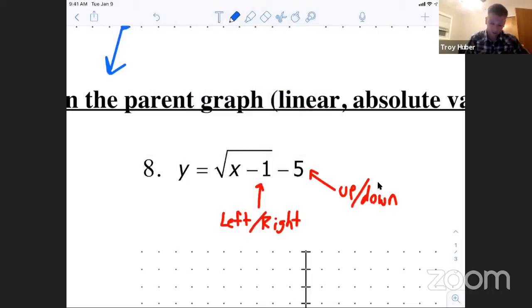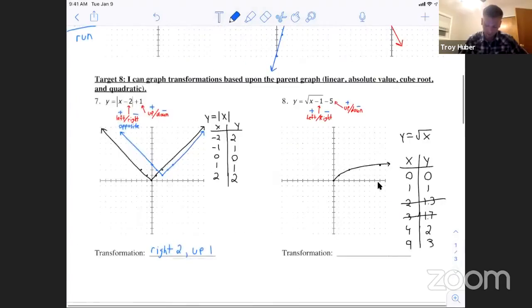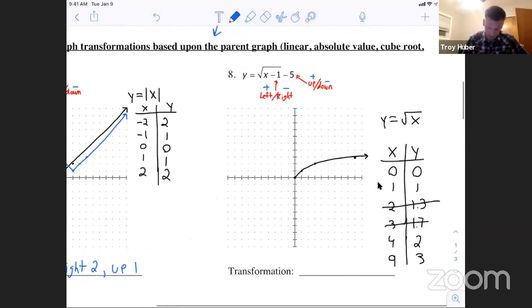So right is negative, left is positive, up and down is what you would think. Since it's negative, we're going to go right 1. And then this is now a negative 5, so we're going to go down 5.